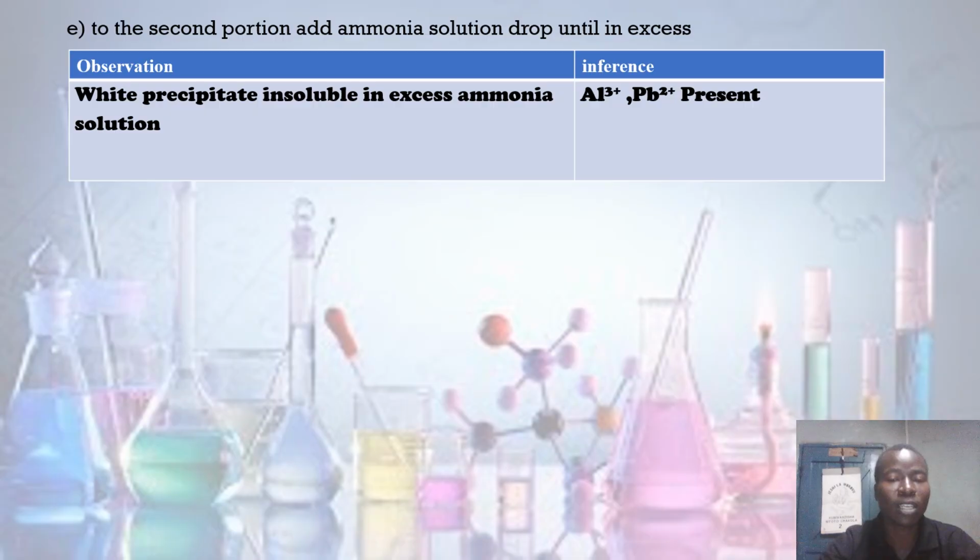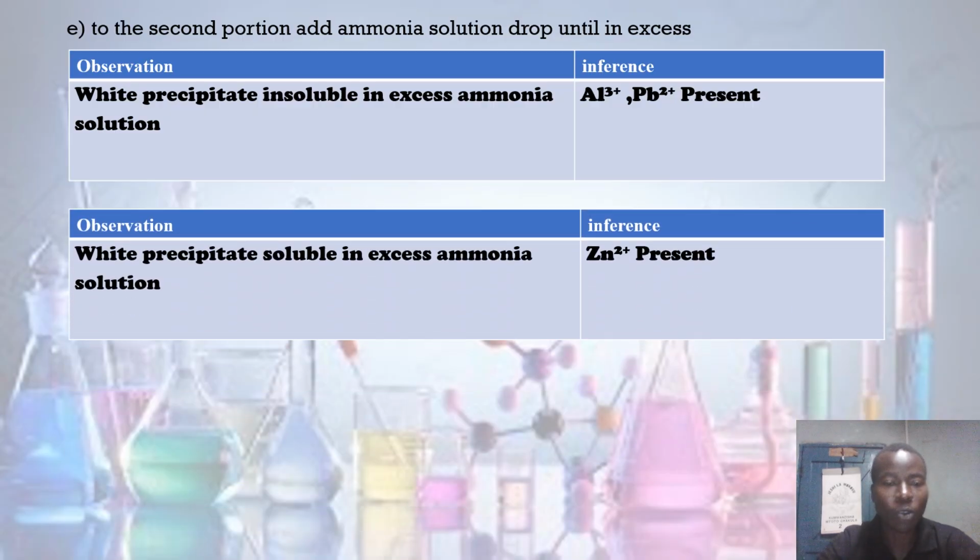Remember, I was using sodium hydroxide. So this ammonia solution usually helps us to identify which of zinc, aluminium, and lead may be present. If you see a white precipitate insoluble in excess, it means aluminium and lead are present, which implies that zinc is absent.